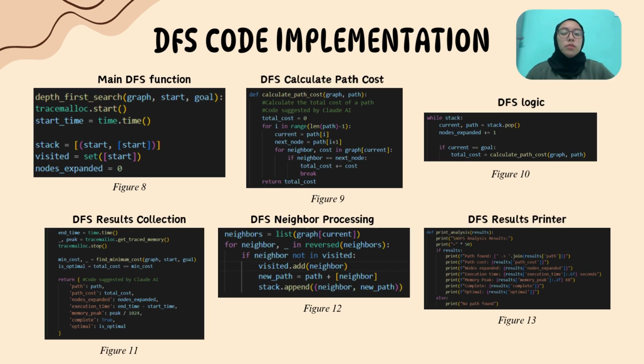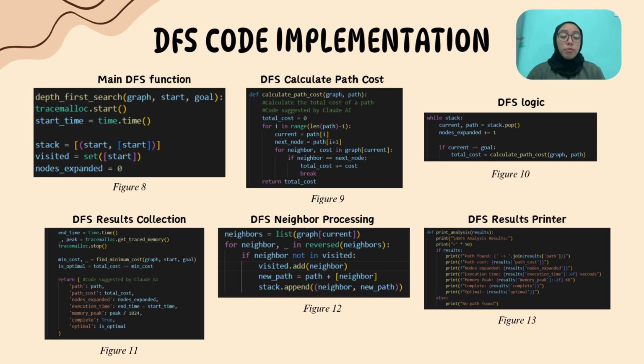Okay, moving on to the DFS implementation. It uses a similar setup to BFS, but with some key differences, where DFS is using a stack instead of a queue, where the stack is last in, first out.